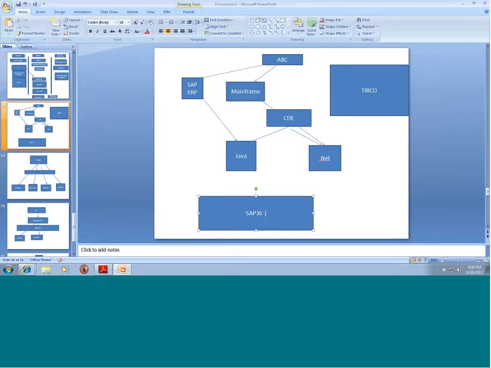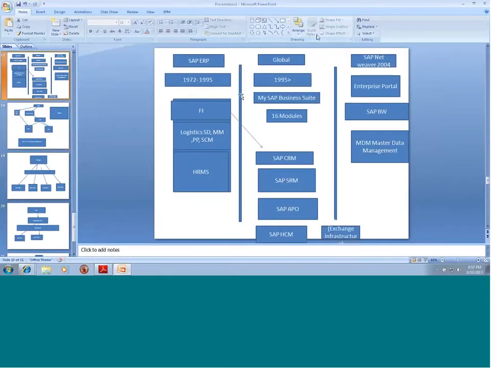Now the name of the exchange infrastructure has been changed to PI, which stands for Process Integration. So this is SAP XI, and this was also part of the second framework of SAP. SAP XI, now referred to as PI.